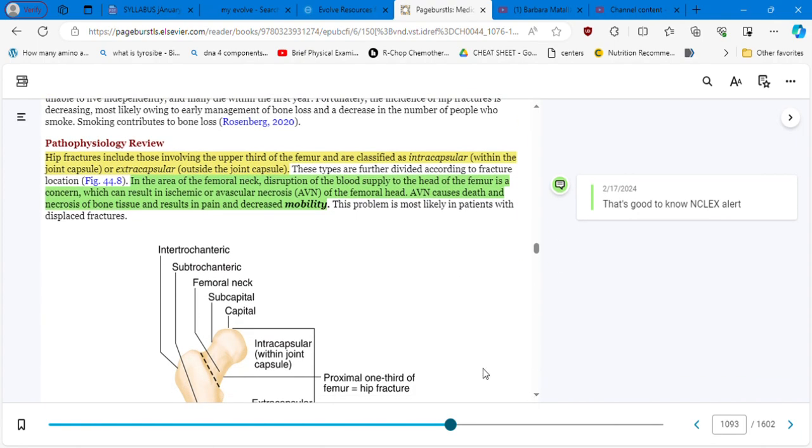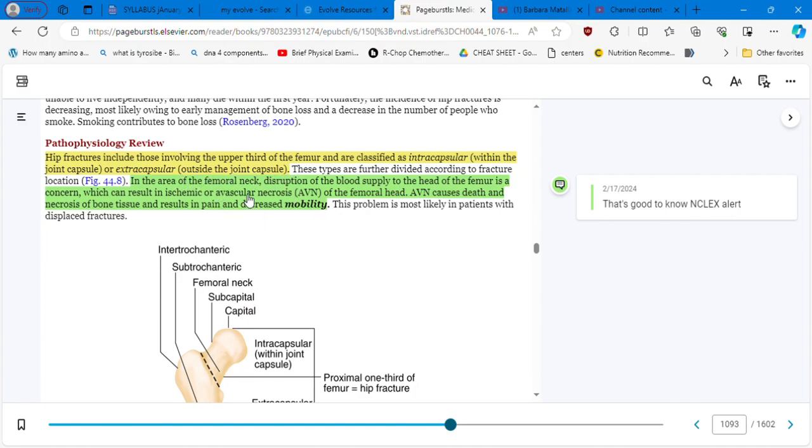Pathophysiology review. Hip fractures include those involving the upper third of the femur and are classified as intracapsular, within the joint capsule, or extracapsular, outside of the joint capsule.